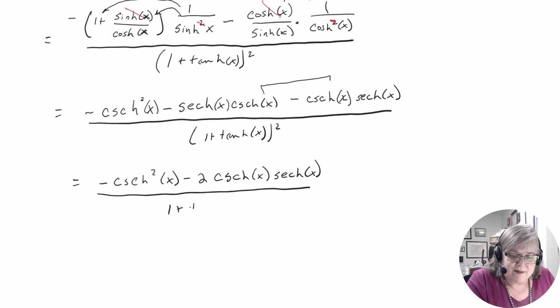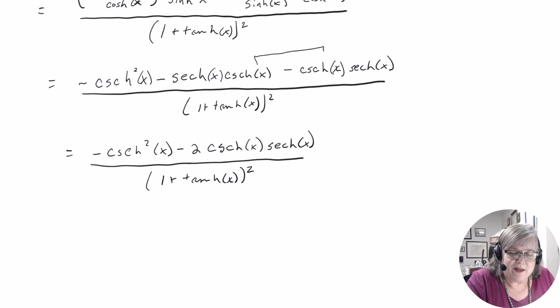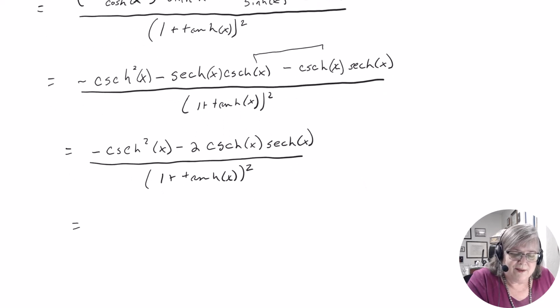All right, we can do this. We're tough. And do you see that there's a negative hyperbolic cosecant of x in common?